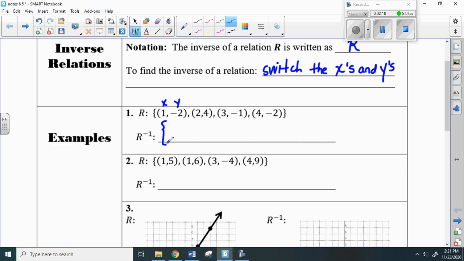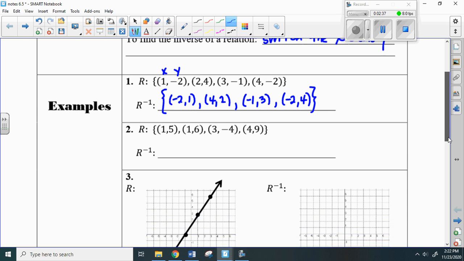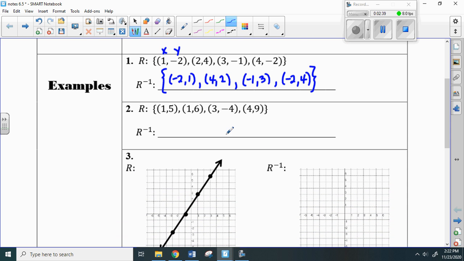So instead of the ordered pair (1, -2), the inverse is (-2, 1). Instead of (2, 4), the inverse is (4, 2). Instead of (3, -1), the inverse is (-1, 3). And last but not least, instead of (4, -2), the inverse is (-2, 4). That's all you did with inverses in Algebra 1, if you even remember that.